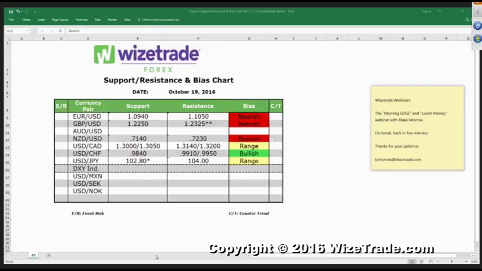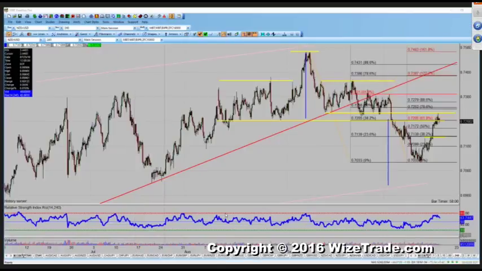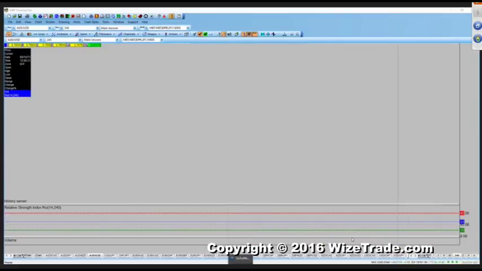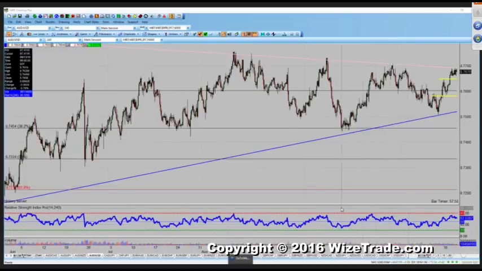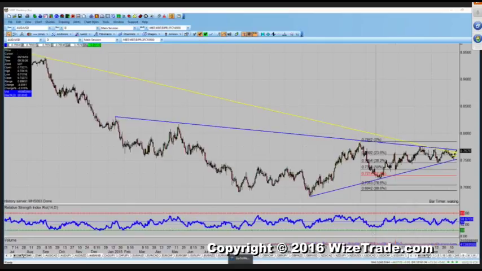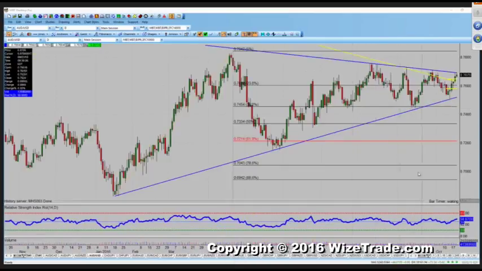All right, let's go over to the Aussie. Okay. All right. Here's the Aussie. Now, as you guys know, the Aussie is up against major resistance, any which way you slice it. Here is your resistance.